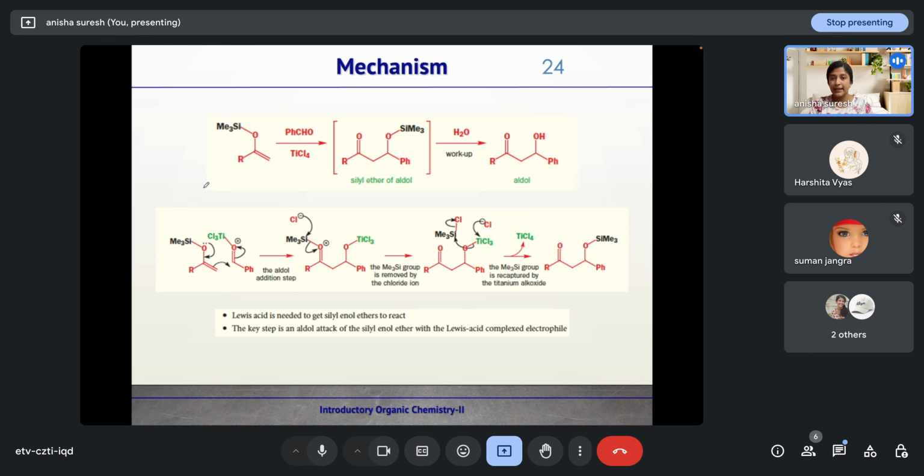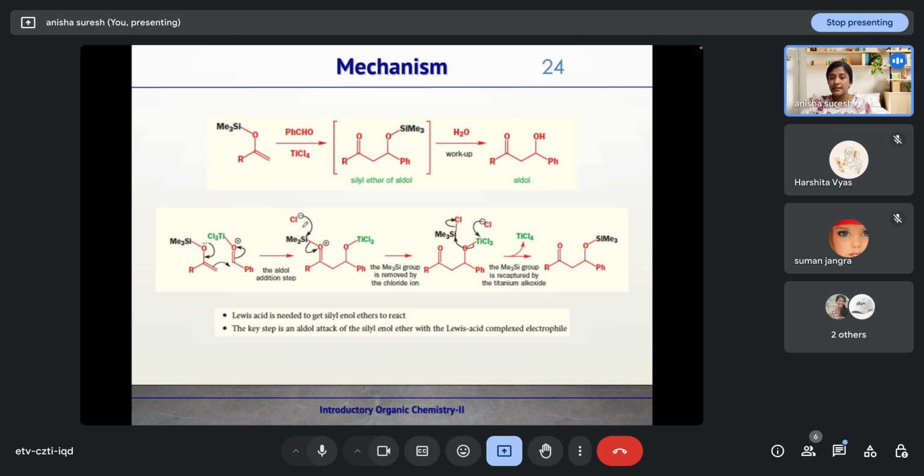So we will see the mechanism. So here the silyl enol ether is there, and when it is treated with this benzaldehyde and TiCl4, the TiCl4 will coordinate with this oxygen of this benzaldehyde, making the center more electrophilic. Then this lone pair on oxygen will shift here, and this carbon-carbon bond will go and attack on this carbonyl, leading to formation of this intermediate.